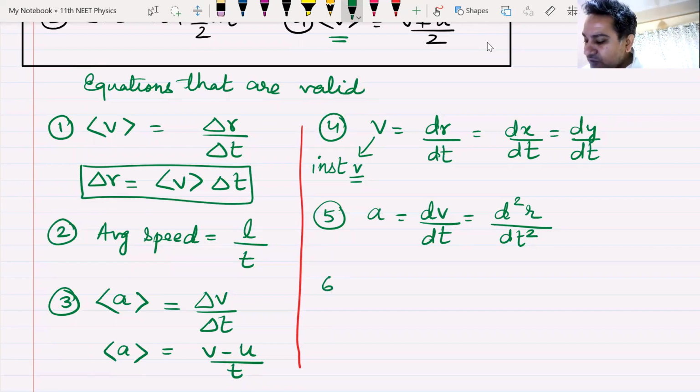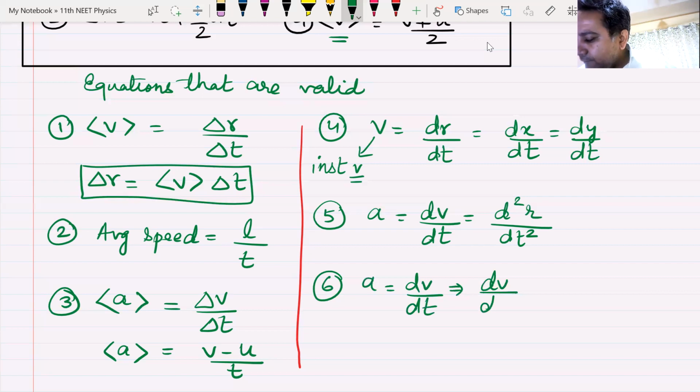The 6th equation is derived from the 5th one. Please note it very carefully. I can write acceleration as dv by dt. Now, what I'm going to do here is divide and multiply by dx.